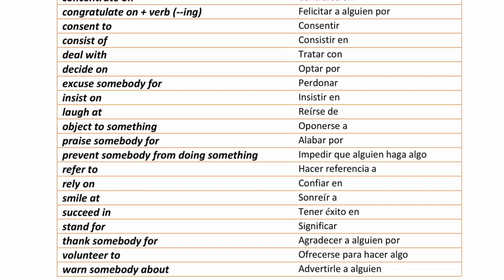To object to something is oponerse a. Praise somebody for, alabar por. Okay, so praise somebody for is alabar por. To prevent somebody from doing something. Okay, very common. Interesting structure, which is impedir que alguien haga algo.